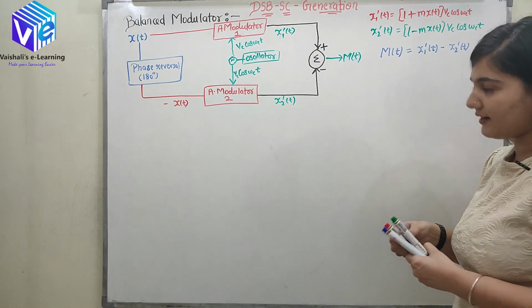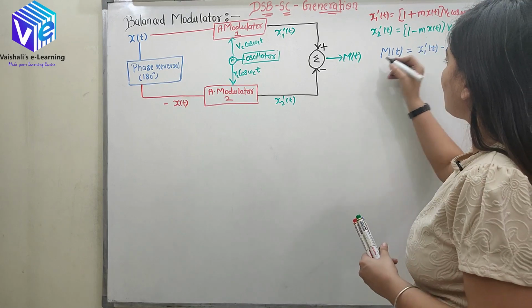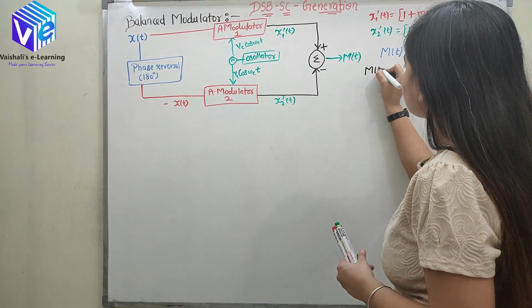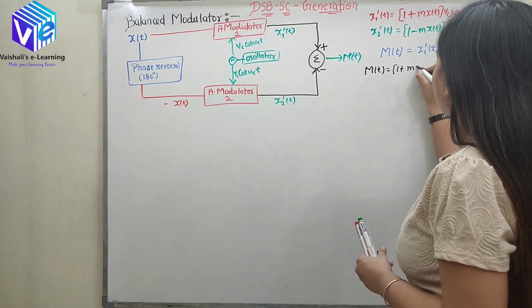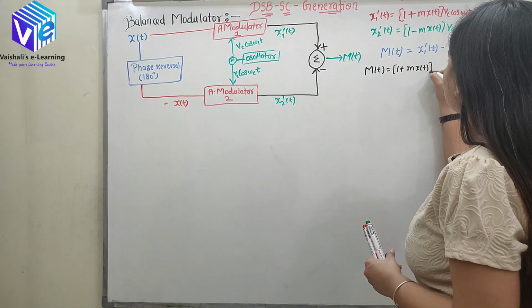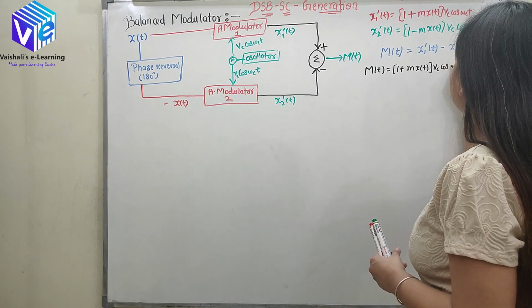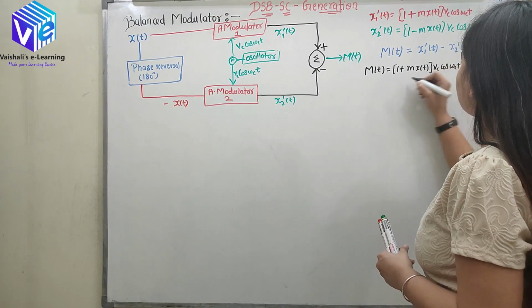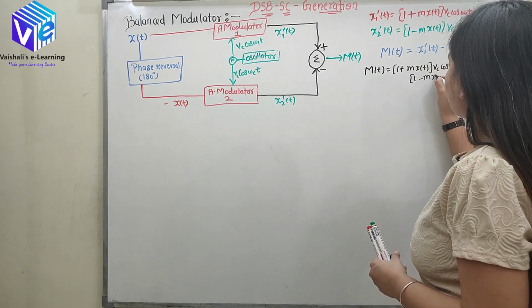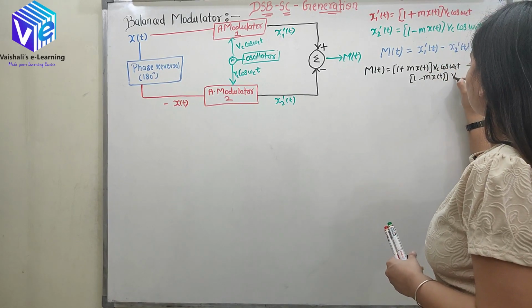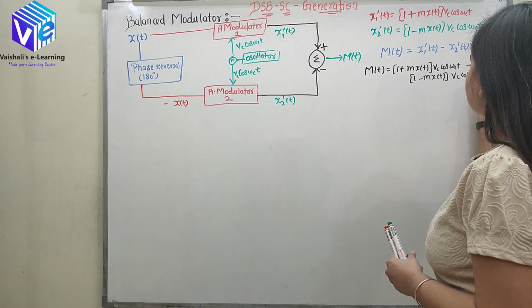So now I need to find out m(t). Putting the value of x1'(t) and x2'(t), m(t) would be equal to [1 + m x(t)] Vc cos(omega_c t) minus [1 - m x(t)] Vc cos(omega_c t).